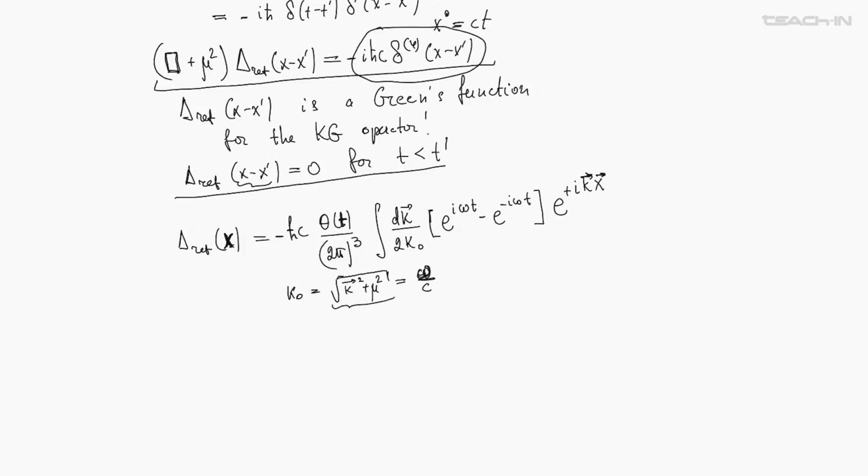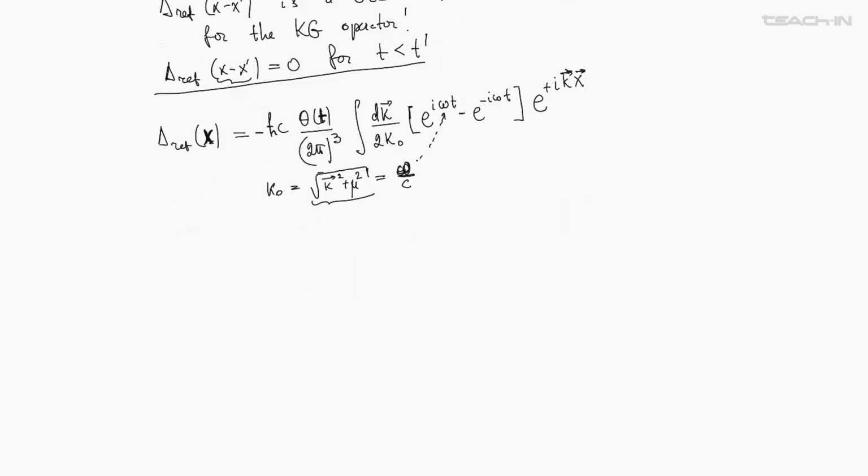Okay, so what I can do with this integral representation, I will start from some auxiliary, or if you wish, additional integral, which at first sight has nothing to do with this delta ret.